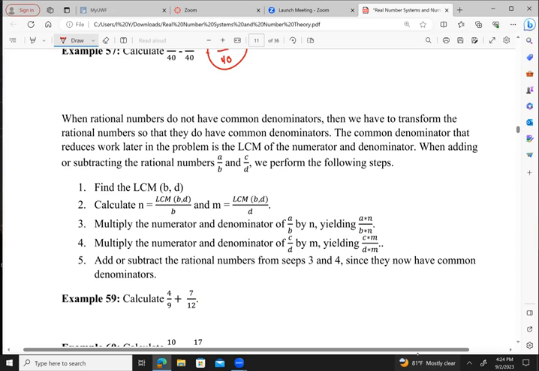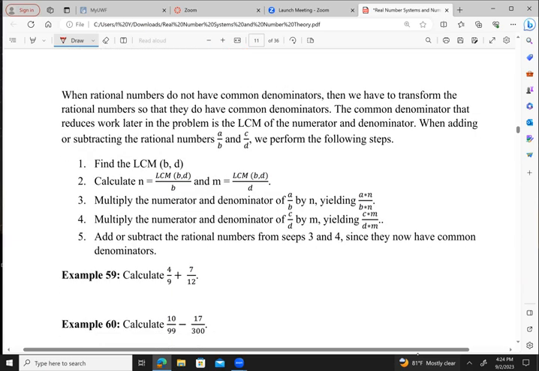When adding or subtracting rational numbers, a over b and c over d, we perform the following steps. Find the least common multiple of b and d. Calculate n, which is the least common multiple of b and d divided by b, and m, which is the least common multiple of b and d divided by d.